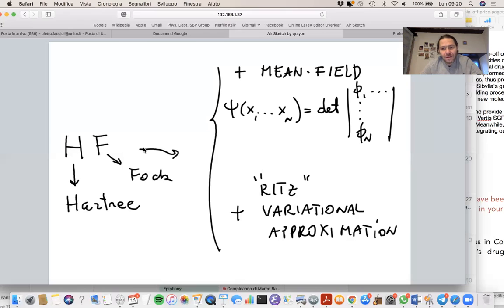You can argue that there's an exponential scaling between these two calculations. So clearly, the mean field approximation brings down exponentially the computational load of solving the electronic problem. But one is left with the question: what is the best possible single particle wave function I can get in a Schrödinger problem? To answer that, one relies on the Ritz variational principle.